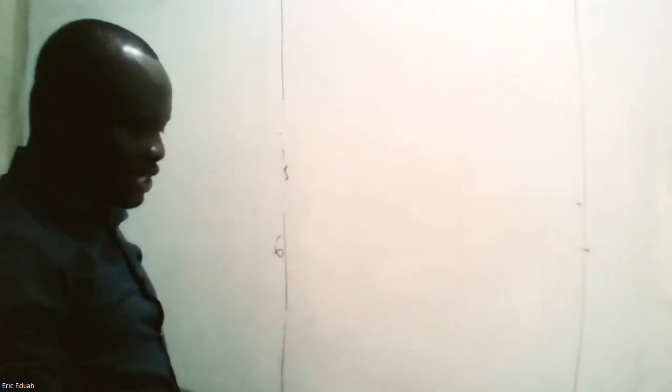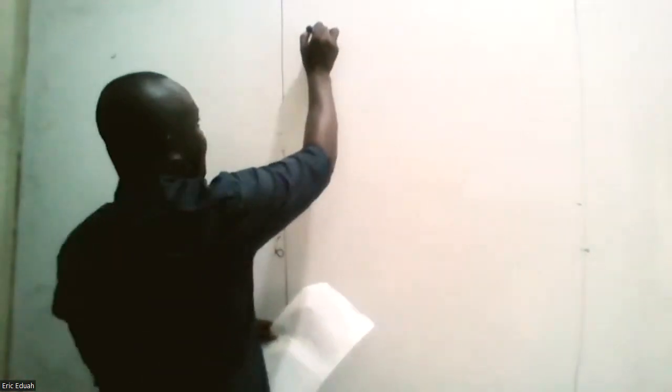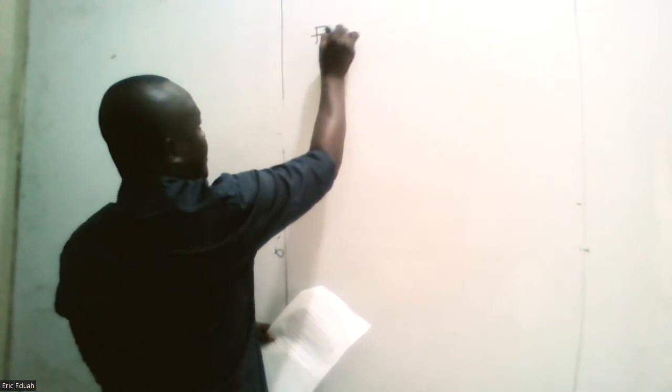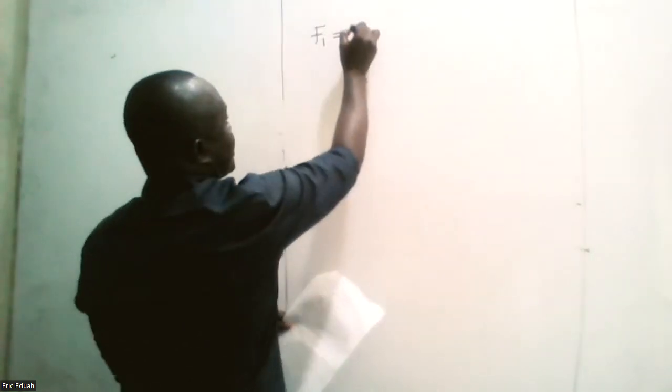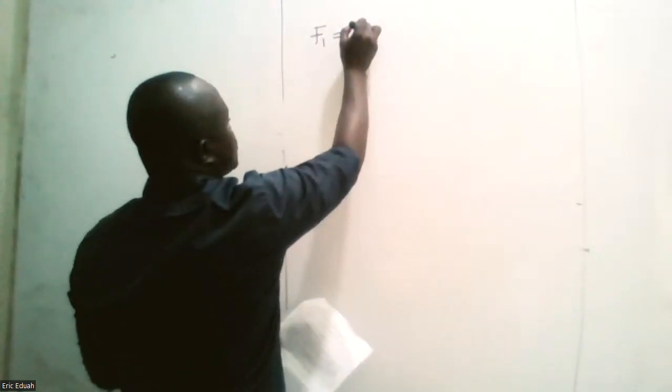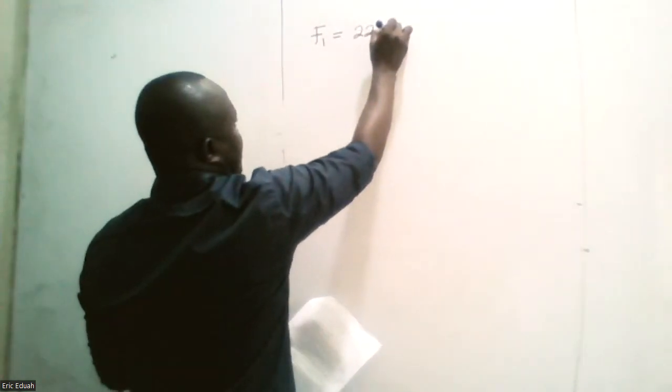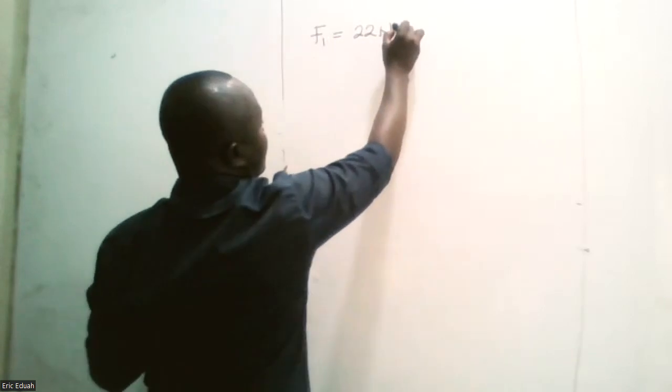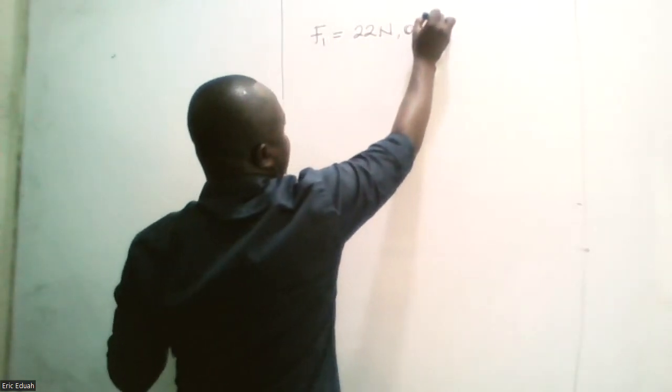Now, the last question is that a broken down vehicle is being pushed by 3 men with respective forces. So F1, the first force, has a magnitude of 22 Newton at an angle of 30 degrees.